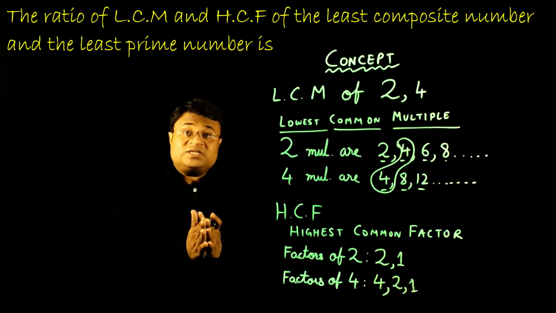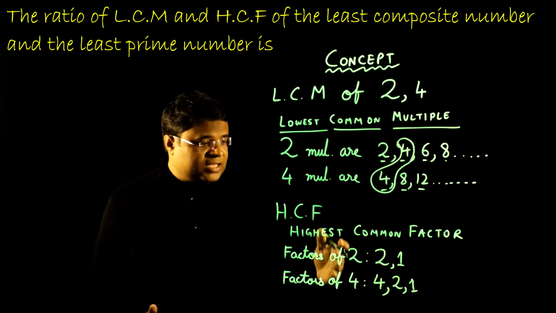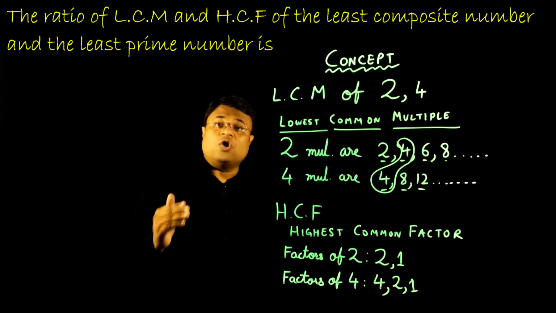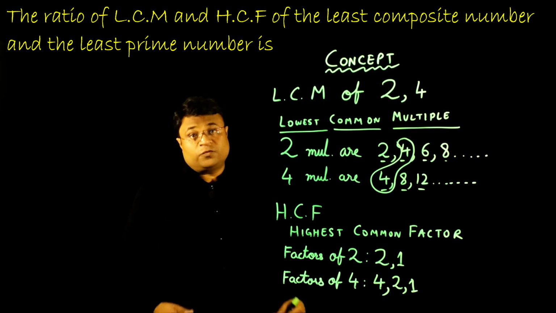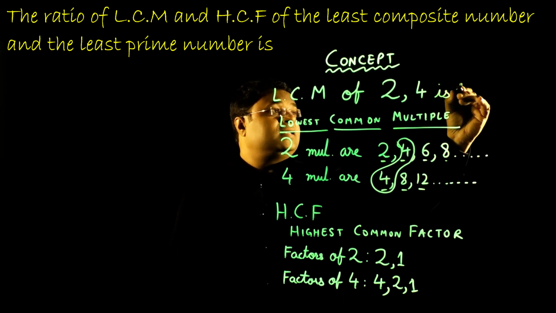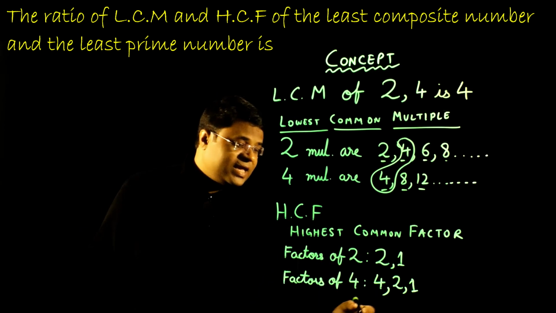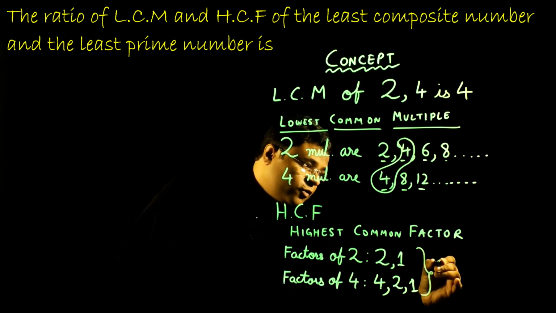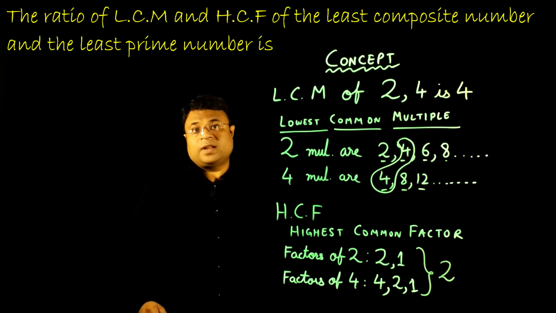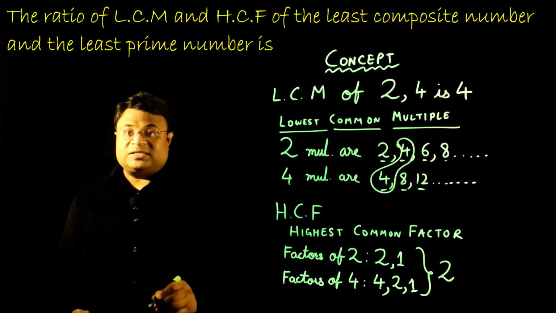And the question is which is the highest common factor. Of all the factors, 2 is the highest common factor. So the LCM of 2 and 4 is 4, and the HCF of 2 and 4 is 2.